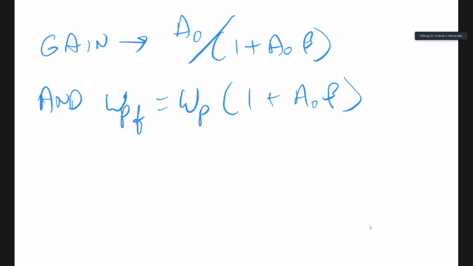So let's look at the case where omega is much higher than the closed loop pole. When I say omega, it's really interchangeable with frequency. Remember, omega is just 2 pi f.